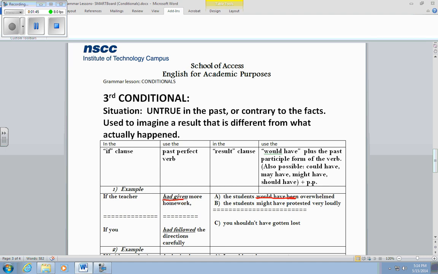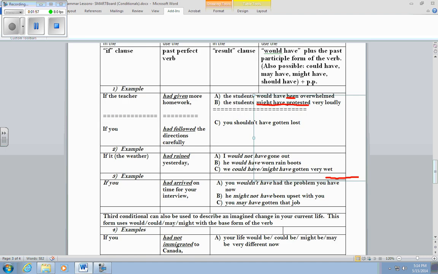Another example, if the teacher had given more homework, the students might have protested very loudly. Another example, if you had followed the directions carefully, you shouldn't have gotten lost.